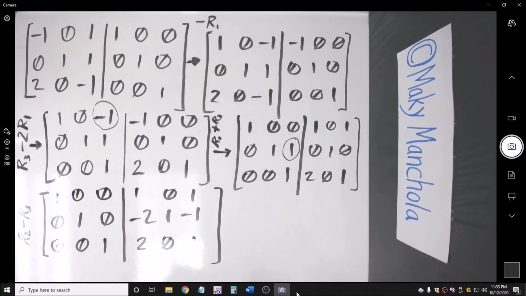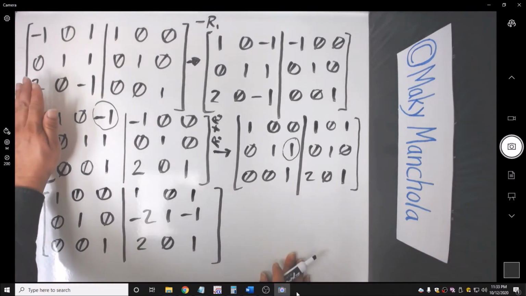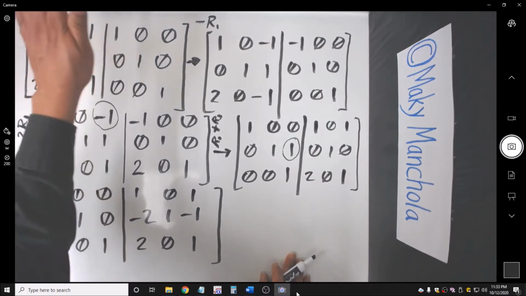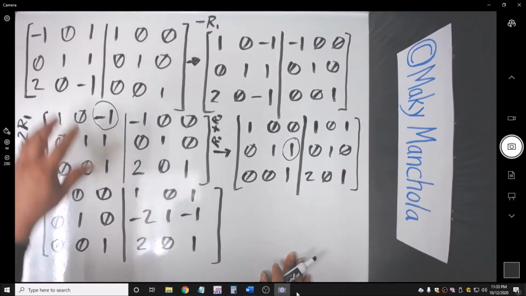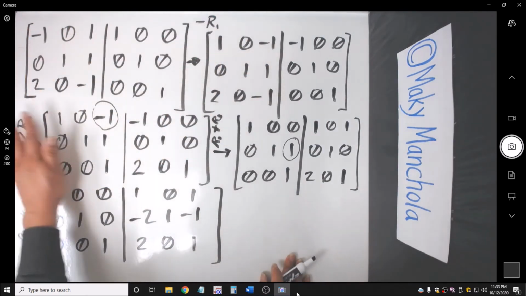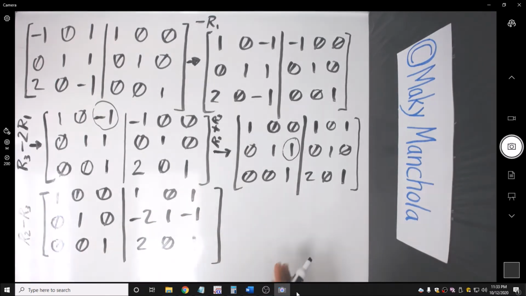Okay, so we are done. We started with the augmented matrix consisting of two blocks, A and the identity with the same dimensions as A. We applied elementary row operations until we arrived at a reduced row echelon form matrix. So what's the significance of what we obtained?